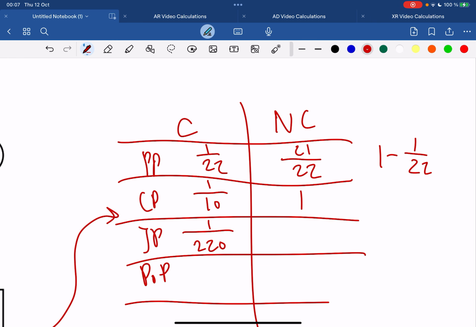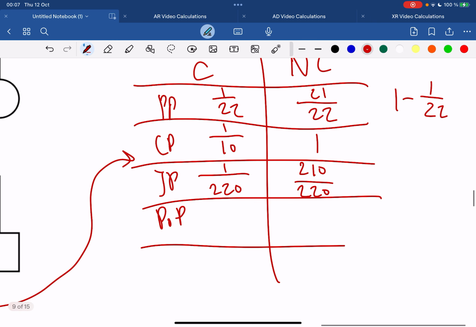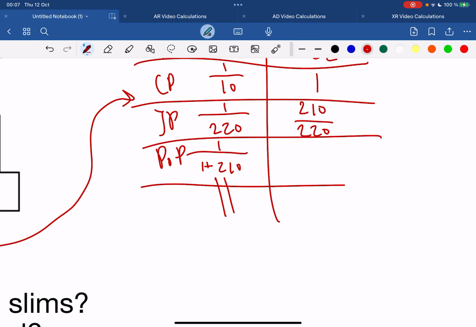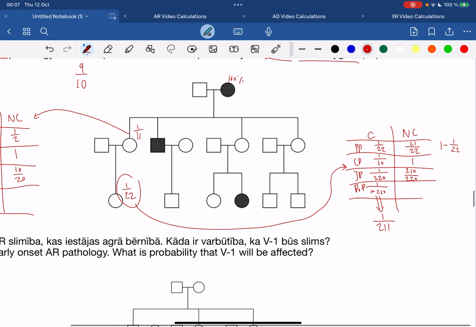And over here we would be 210 over 220. And then we take the numerators for the top and the numerators for the bottom. So 1 divided by 1 plus 210, which is equal to 1 divided by 211.